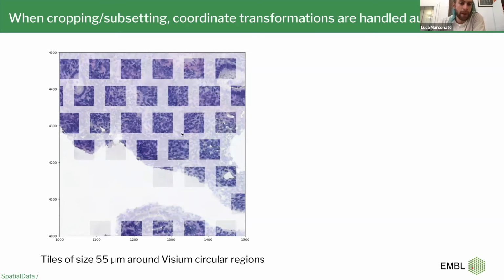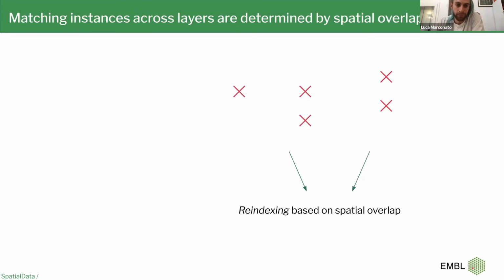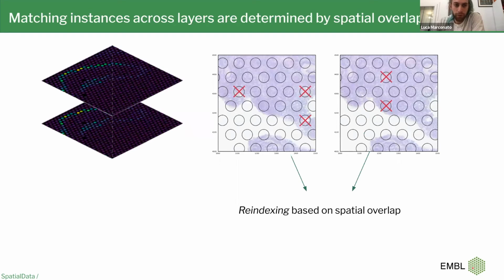And this is what the method gives you. Spatial data will have Python generators that can be plugged into deep learning and statistical learning frameworks like PyTorch and TensorFlow.